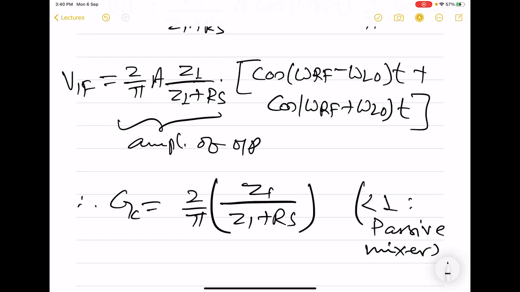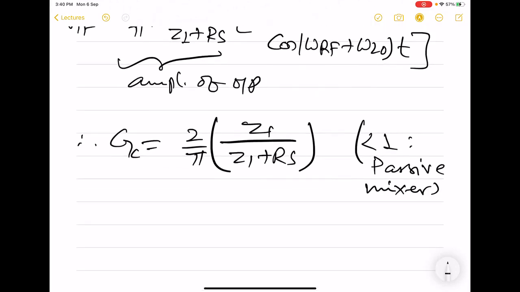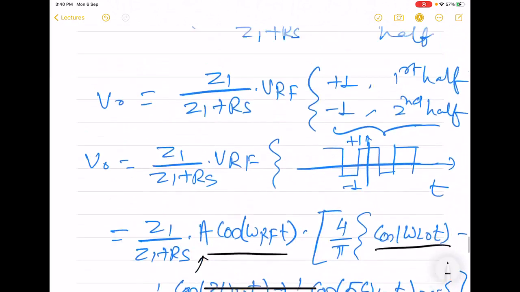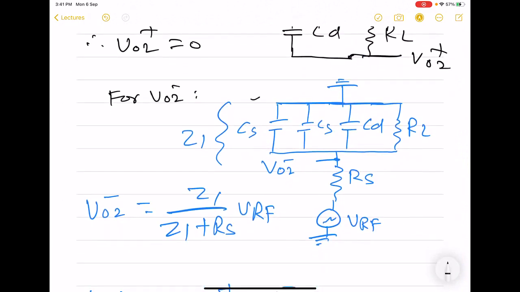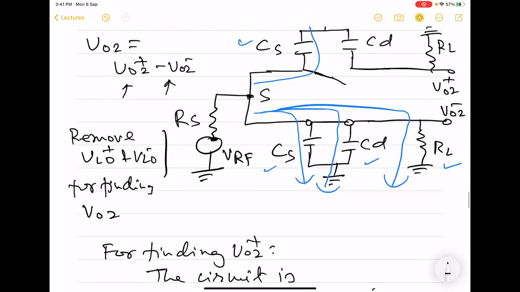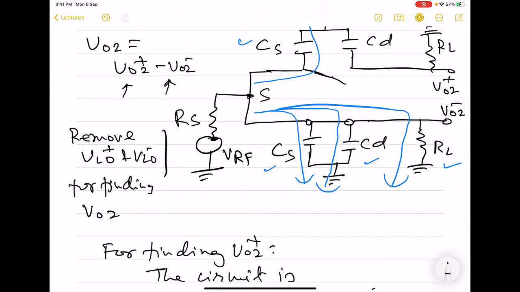Now we can compare what will be the status of this single balanced passive mixer compared with the unbalanced case. For that comparison, here we have included all these gate to source and gate to drain capacitors, but when we derived the conversion gain for the unbalanced case, we did not include these.